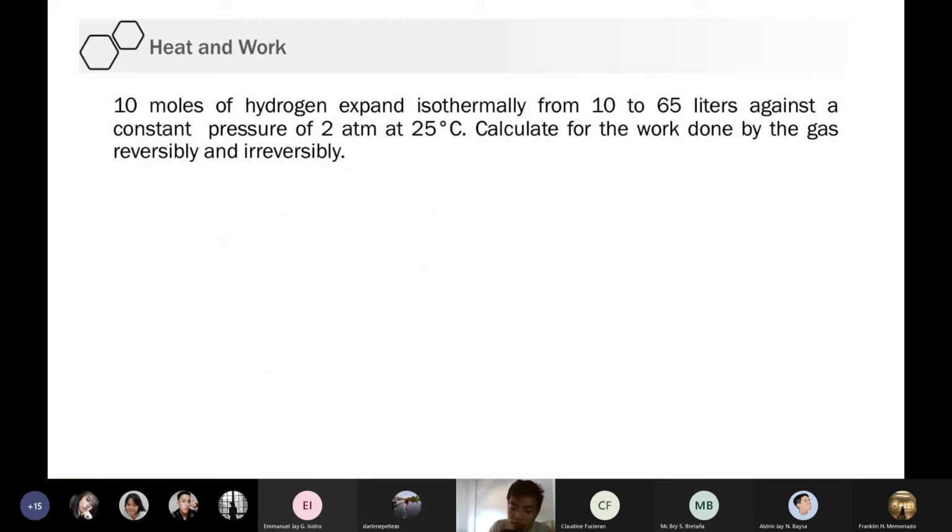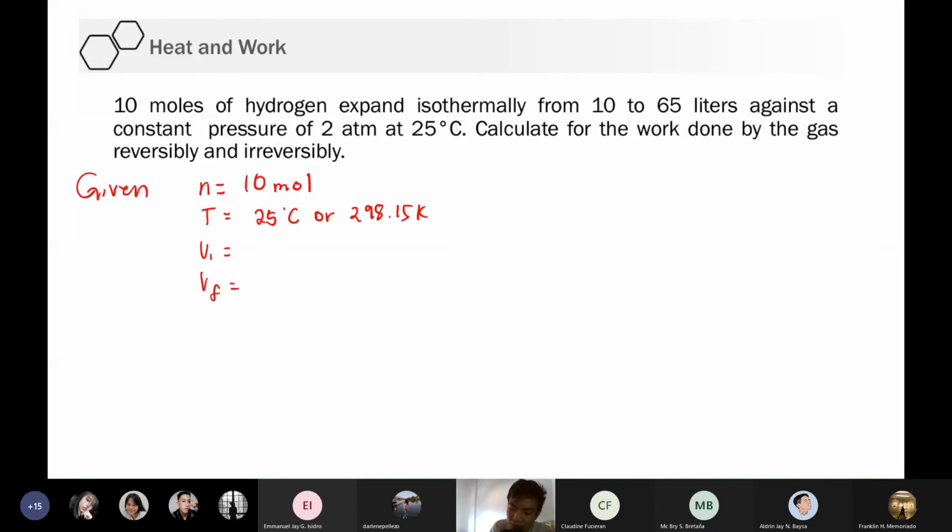Let's try that na. So given, moles of gas is 10 mole. Temperature is 25 degrees Celsius or 298.15 Kelvin. Volume, Vi, Vf.